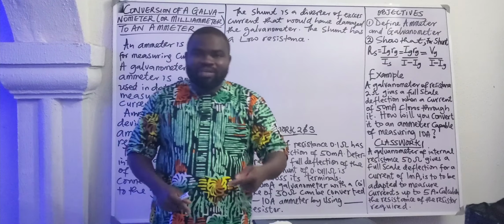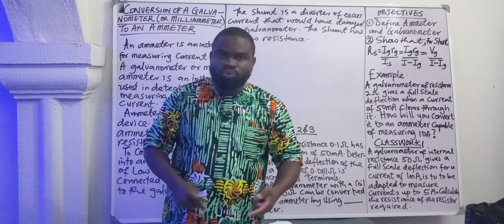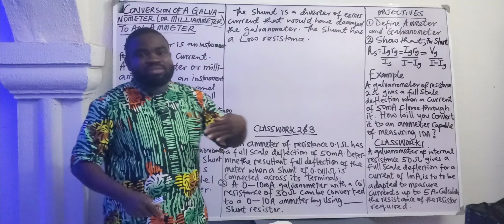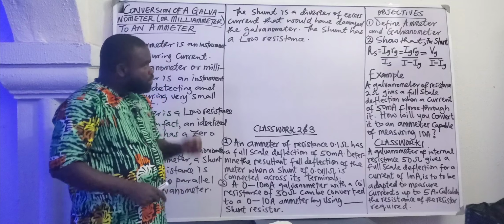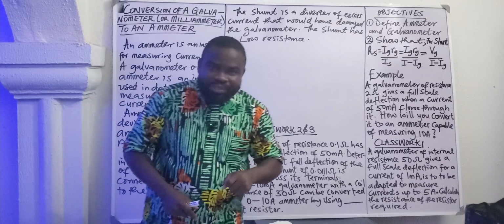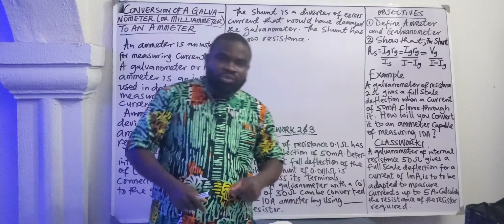So for us to achieve that, we need to connect a shunt in parallel to that galvanometer. And I've told you the function of the shunt is to divert the excess current that would have damaged the galvanometer. So the task here is to determine the low resistance of that shunt that we must connect to the galvanometer so that it can measure a larger value of current.